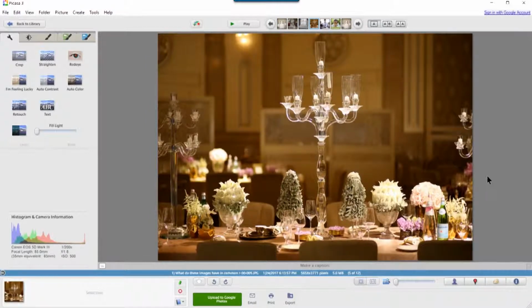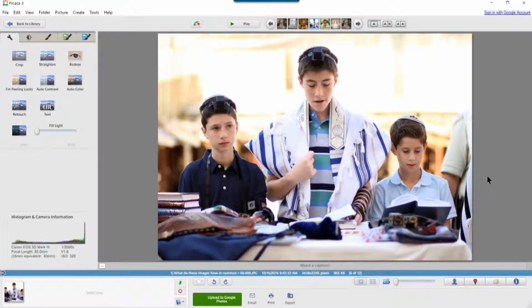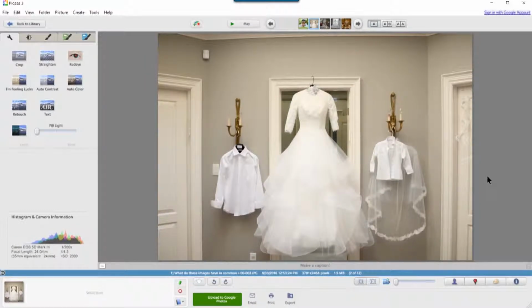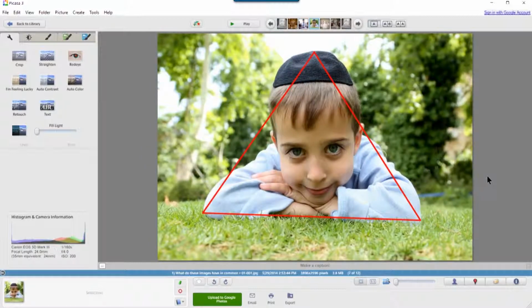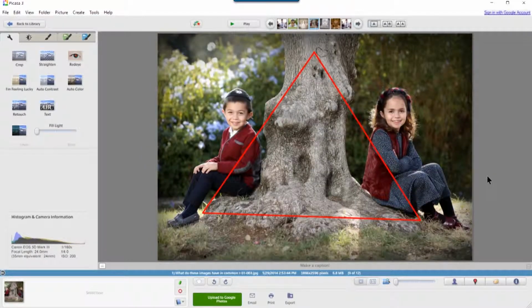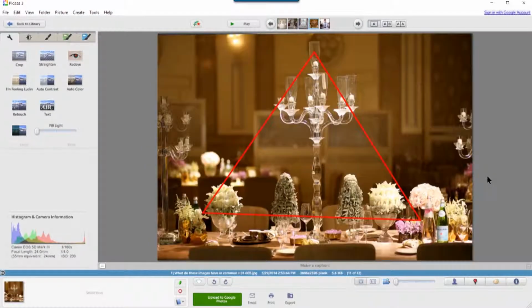Do you see what the common denominator is? They all form the same shape, exactly. They all have the same underlying geometric structure.